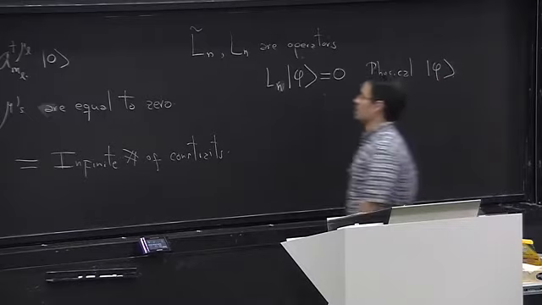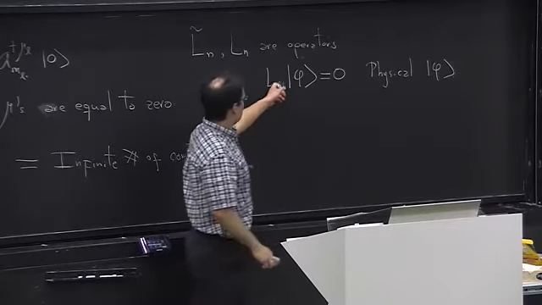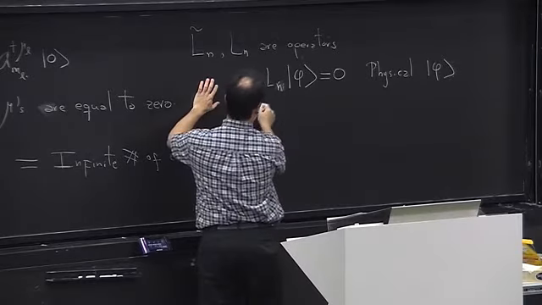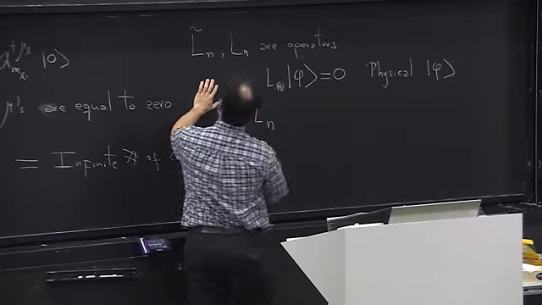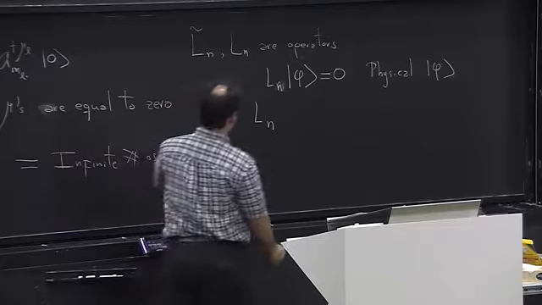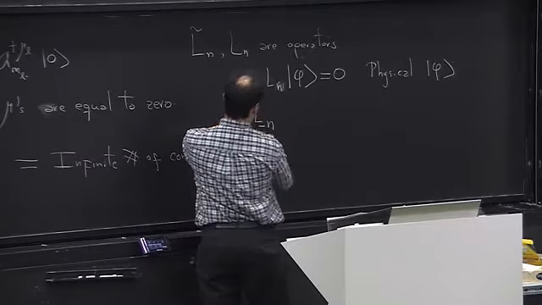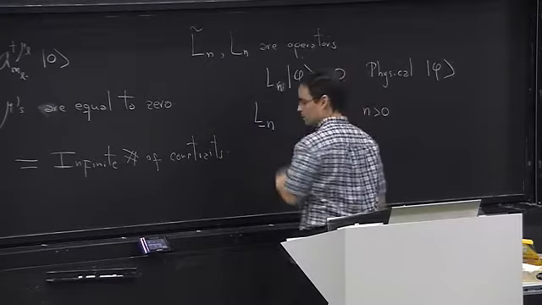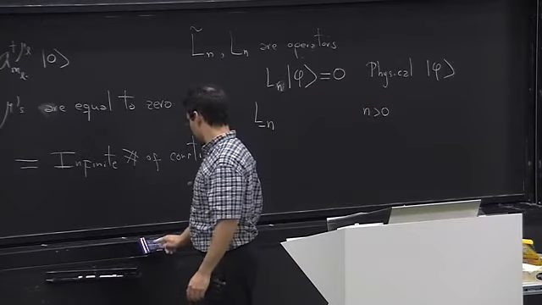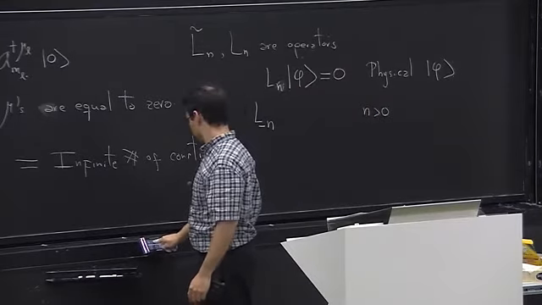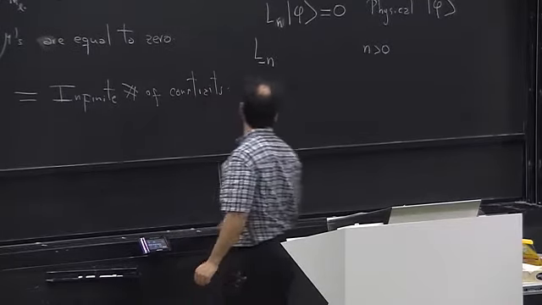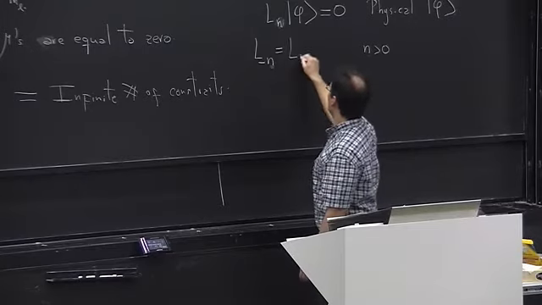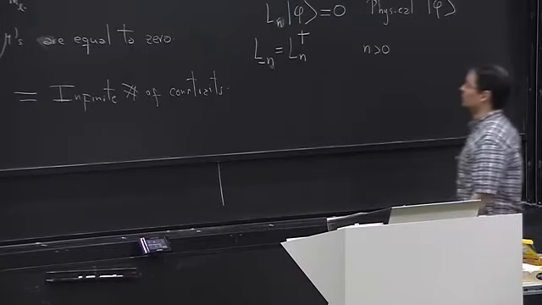Okay? But you see that there is something funny about doing this for all n's, positive and negative. The reason is that from the definitions we have over there, if n is positive, this operator happens to be the adjoint of this operator.